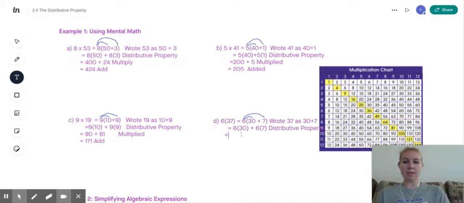Let's see, 30 is kind of a big number, so let's cover up that 0 and find 6 times 3 and then add the 0 back. So 6 times 3 is 18, and then add that 0 back that we covered up, plus I know that 6 times 7 is 42. And in that step we multiplied. And then we get to add. I know that 180 plus 42 is 222. So that's using mental math to solve longer multiplication problems.